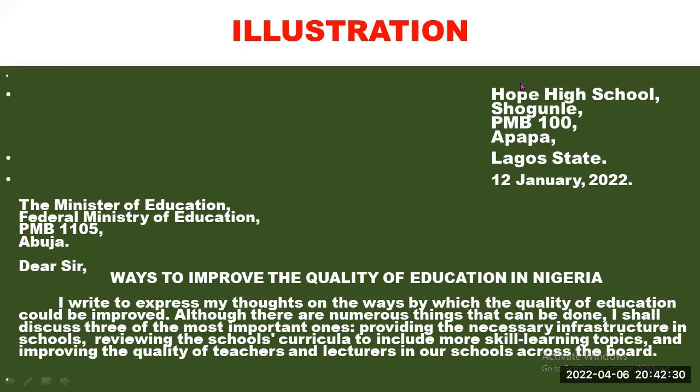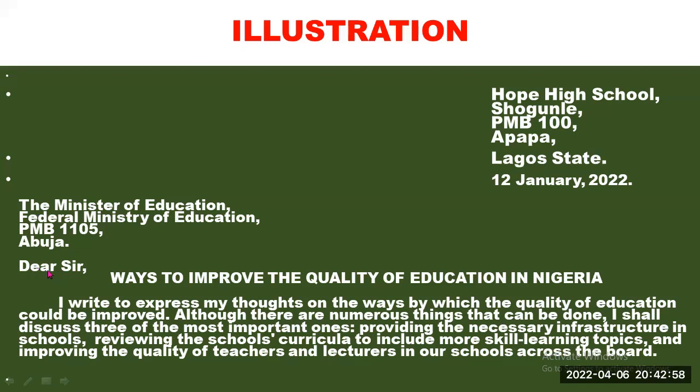So you can see step 1, the writer's address and date. Step 2, the receiver's official title and address. Step 3, the salutation. And step 4, the topic or title. And you have seen how to write each of these. Now, let me point out certain mistakes that students make.